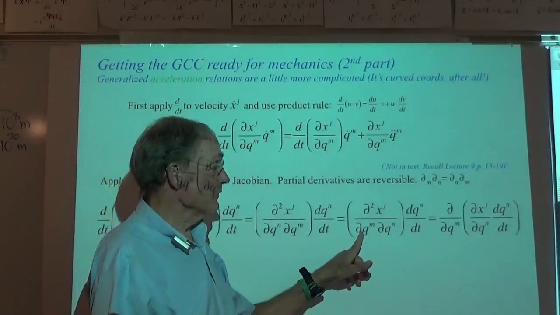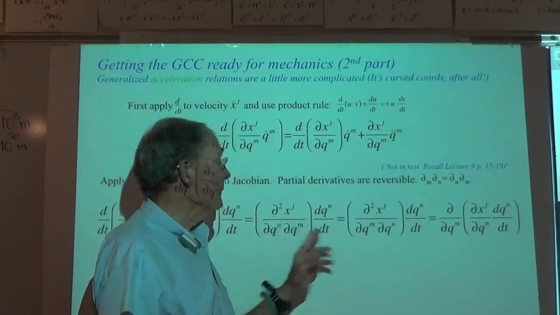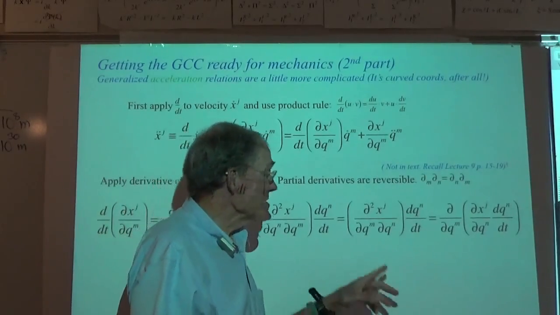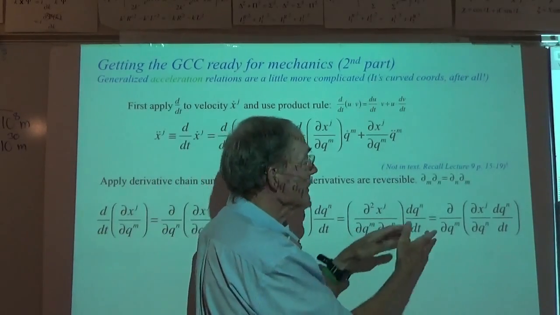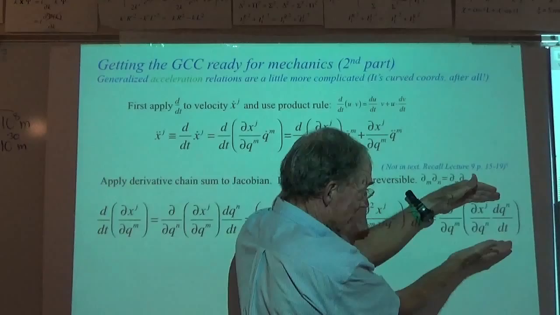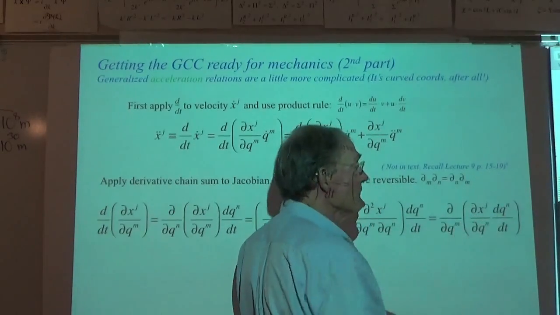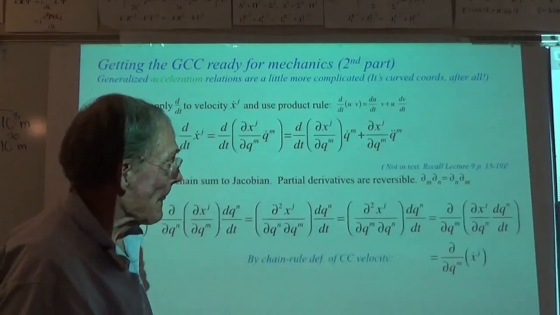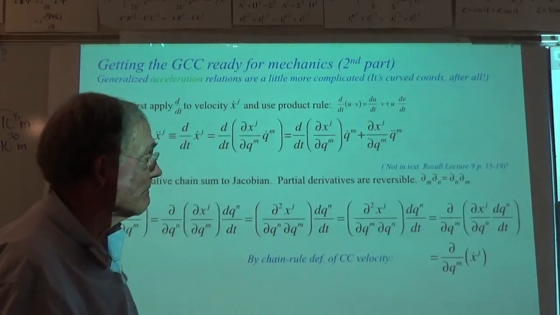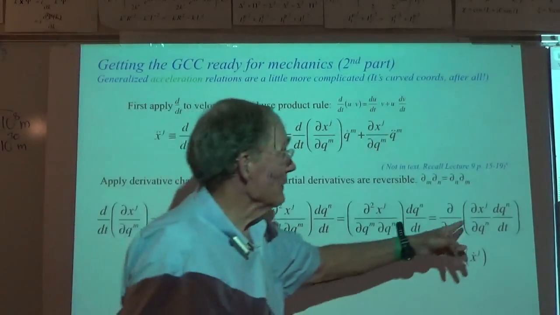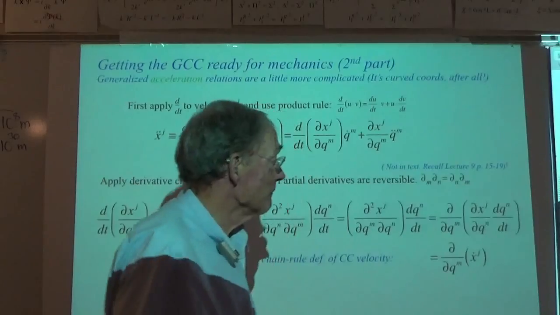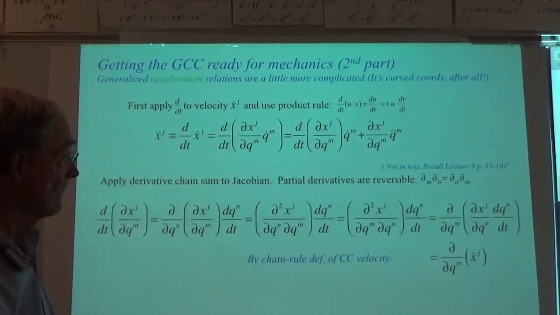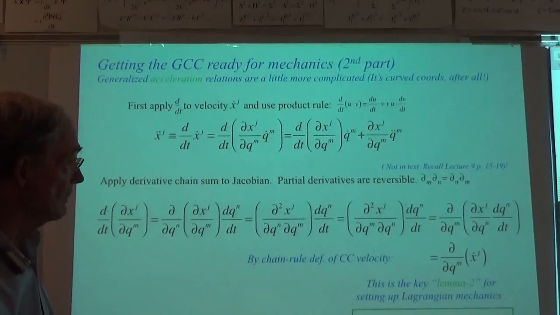If they are reversible, then I can turn them around. And once I've done that, then I can say this is a partial with respect to qm of this Jacobian times the velocity, qn dot. Okay? And that thing right there is just x dot. That's Cartesian coordinate velocity.